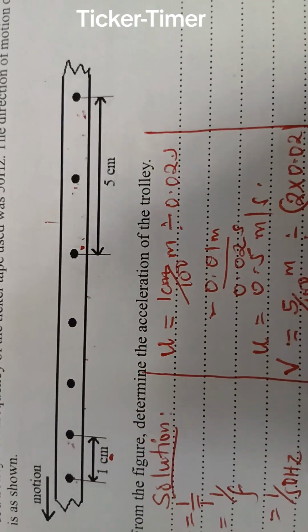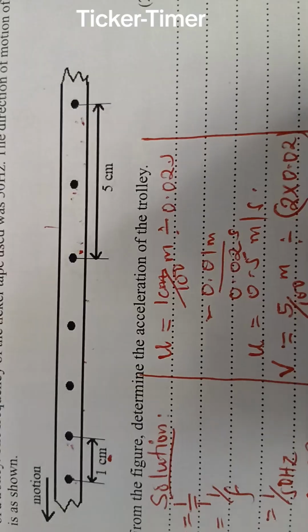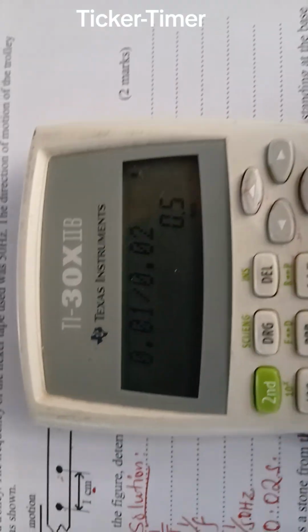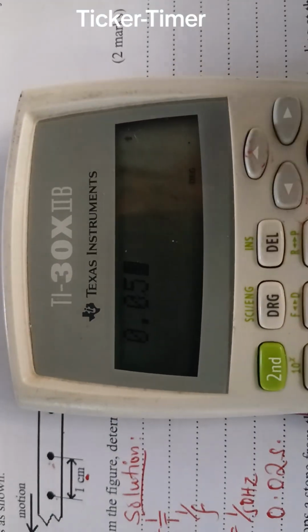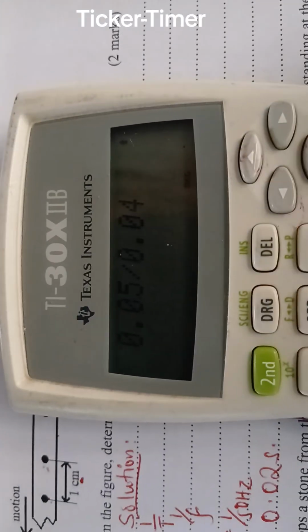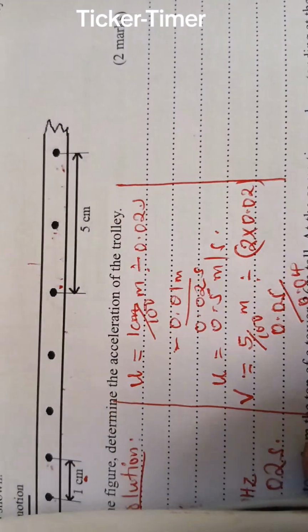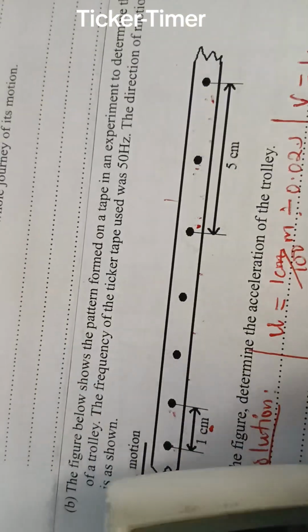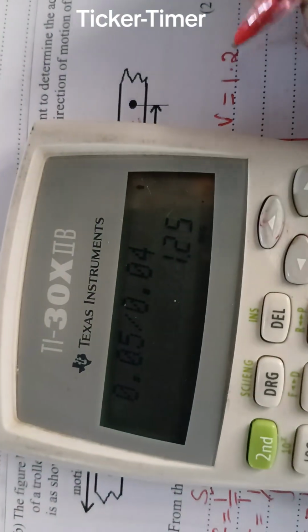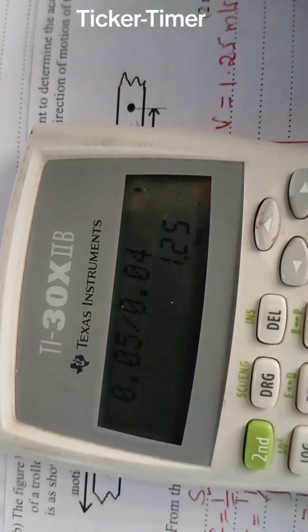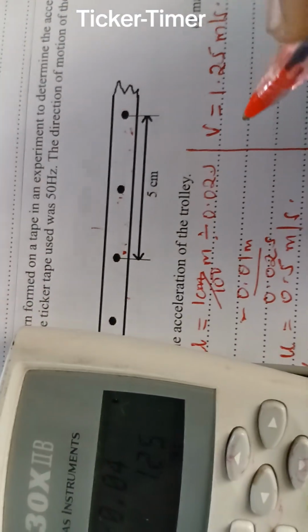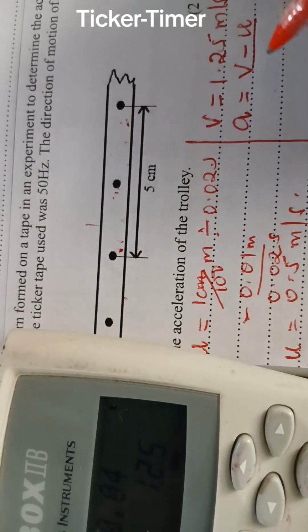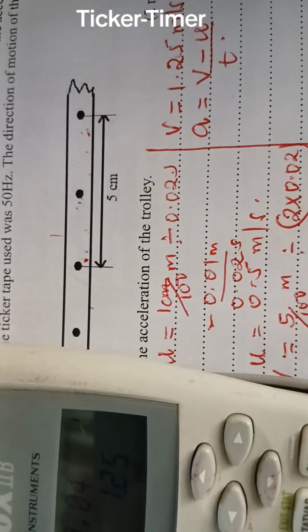So 0.05 divided by 0.04. Using your calculator again, 0.05 divided by 0.04 gives you v as 1.25 meters per second.